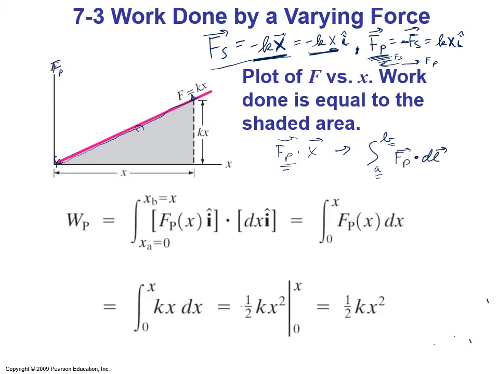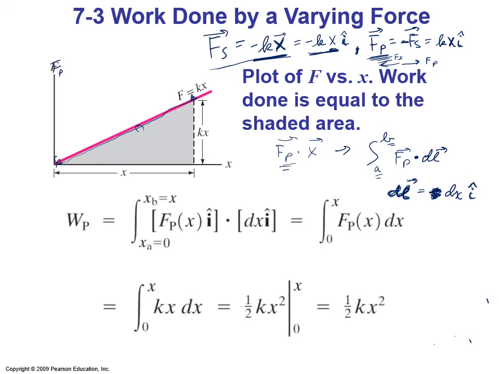Since there's only displacement in one direction, you can write dl as just dx i hat. The dy and dz are going to be 0 because there's no displacement in those directions.